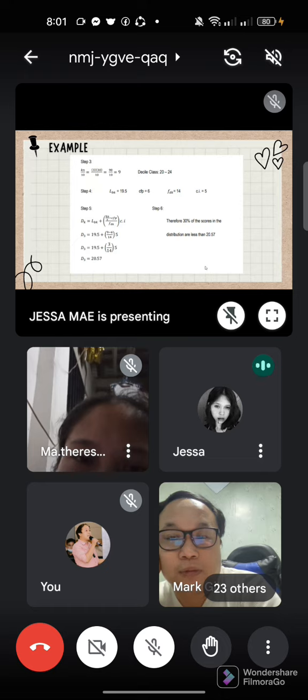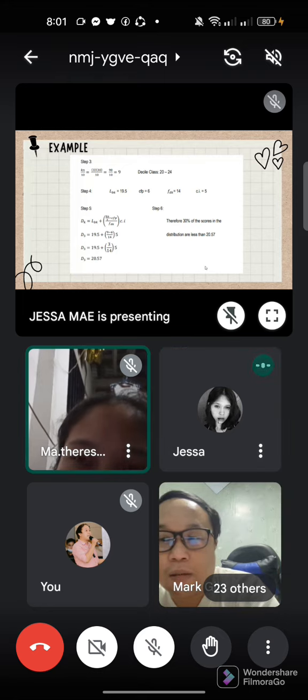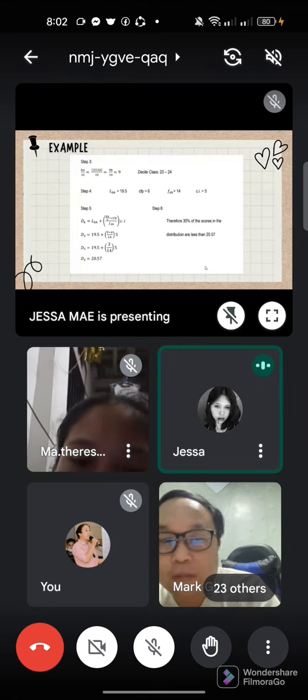So, magiging 19.5. Pag sa right side po, sa highest boundary, mag-a-add lang po ng 0.5. Okay. For our CFp, which is the cumulative frequency, we have 6.